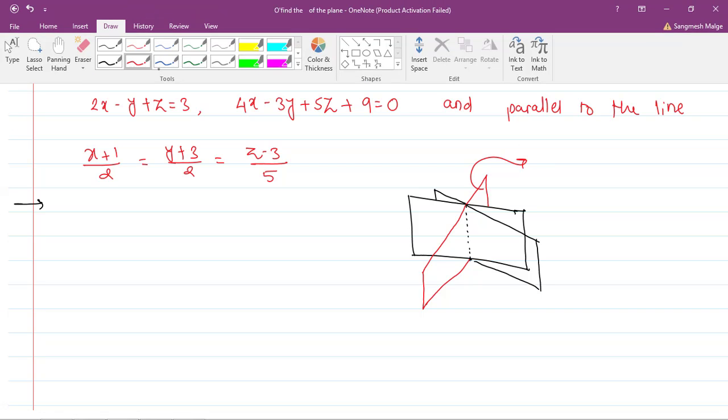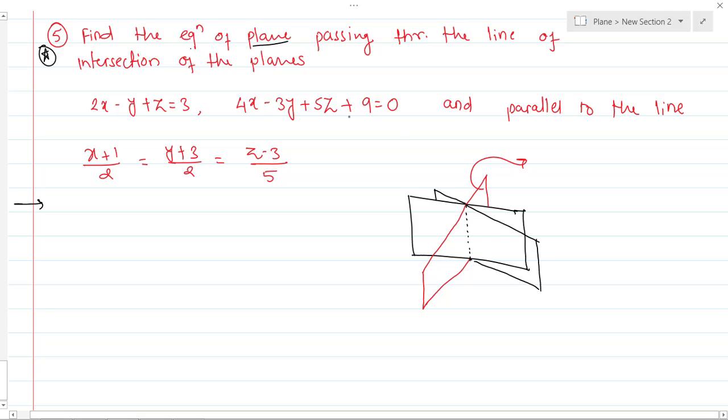But they have given one more piece of information: this red plane is parallel to the line. I will draw the line somewhere here. This is the line in 3D space. Now this plane and this line are parallel to each other. What do you mean by parallel? What is the condition when we have a parallel?